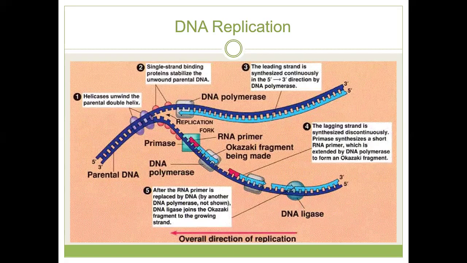Remember, I told you the DNA is a double strand in the form of a helical structure, and the helical structure is coiled around some proteins we call histones, and these are wrapped to form what you call the chromatin, and the chromatin is further condensed to form a chromosome.